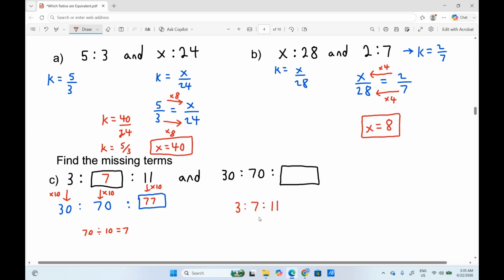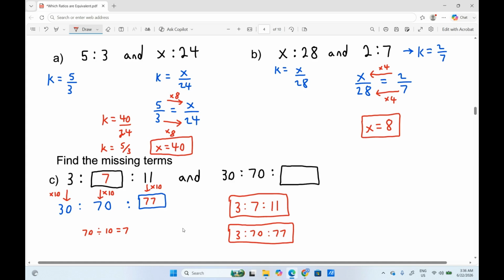So I found one of my complete 3-term ratios, and the other missing term would be 77. So now this is my other complete 3-part ratio, and these are going to be equivalent because I can multiply each term here by the same number, which in this case is 10.